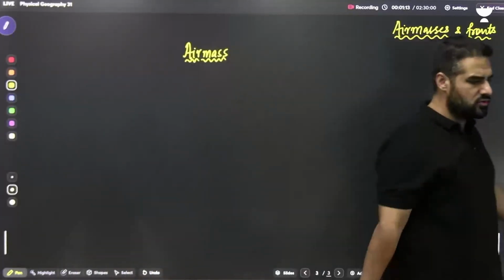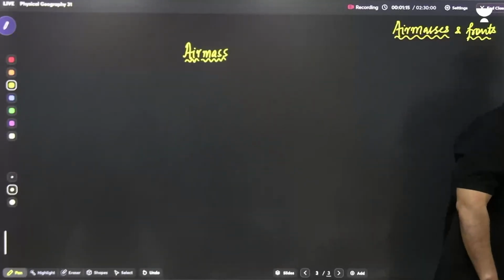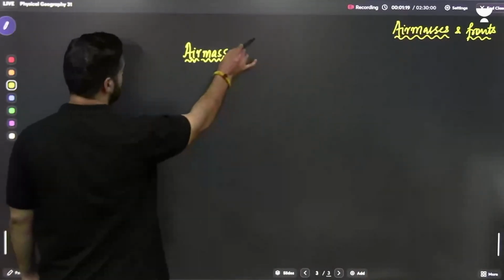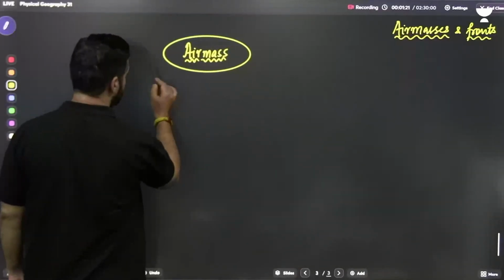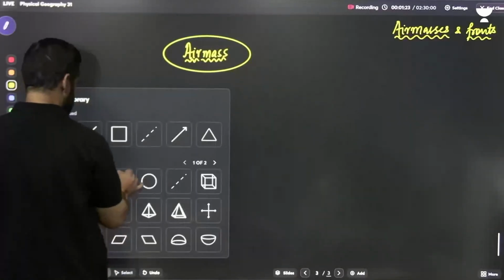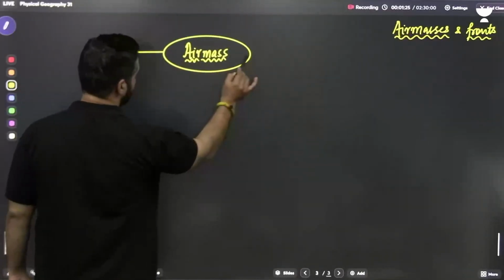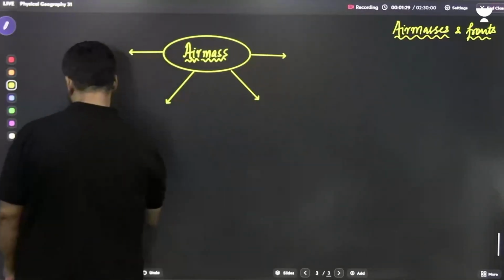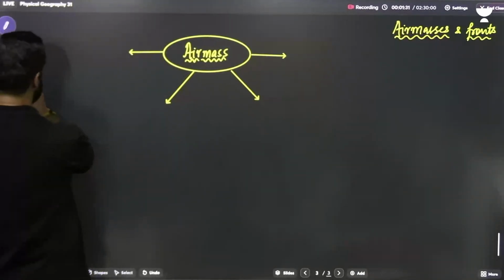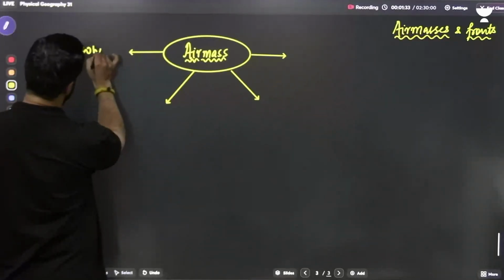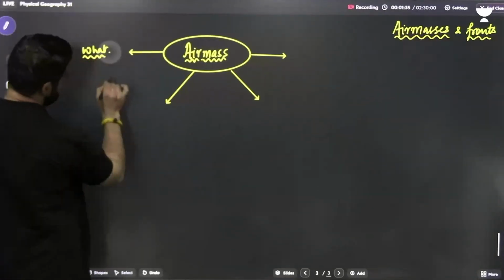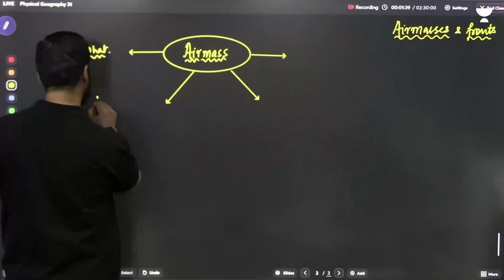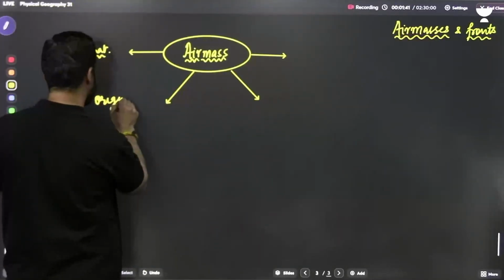Listen carefully first, don't write anything. What all we have to discuss about air masses. We have to discuss the concept of what air mass is, the definition part. Then the origin of air mass.